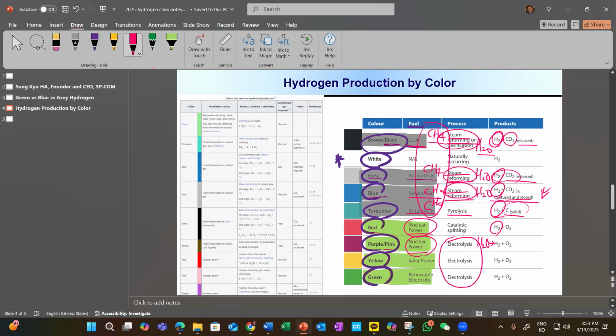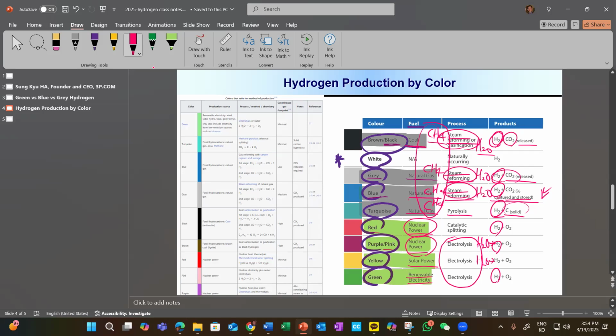So we get the H2O, and for yellow, we just mentioned solar power as the energy source, but the methodology is electrolysis, H2O into H2 and O2. And for renewable energy sources, solar cell and also wind turbine, we get the H2.